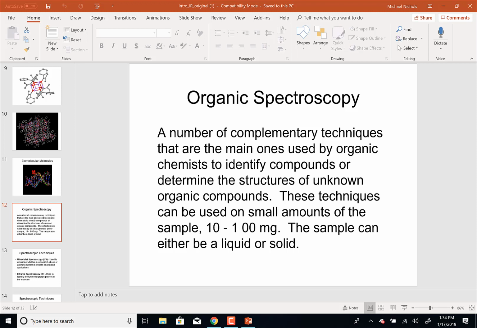If it's a brand new molecule that's never been made before, you got a lot of work to do. If it's something that's been made before, some of these techniques will compare that spectrum to the known spectrum and give you matches. But if it's brand new, it's not in anybody's database. So that's what we use, and we can go anywhere from 10 to 100 milligrams.